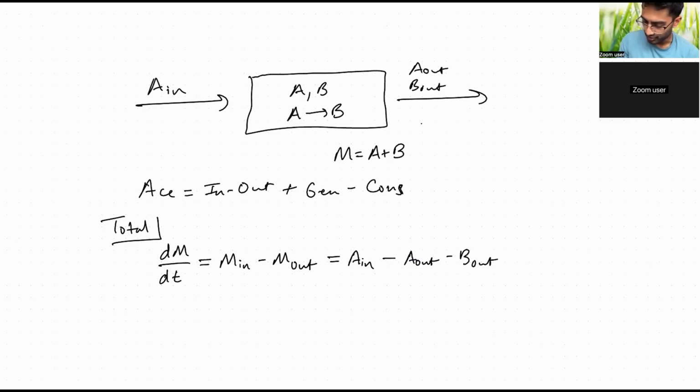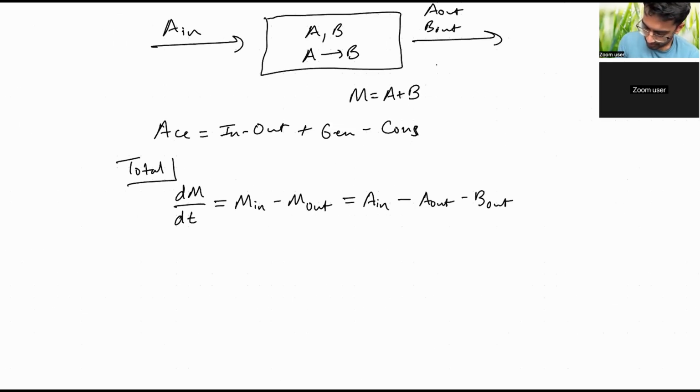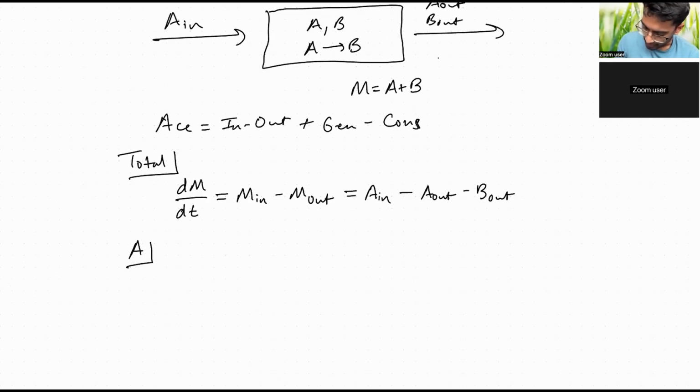Okay, let's do the same thing for A. So now I can say dA/dt is equal to A in minus A out. There is no generation of A. We're going to assume the reaction is irreversible. It only goes to make B. But there is a consumption term. So minus, right now I'm going to write it as A consumption.